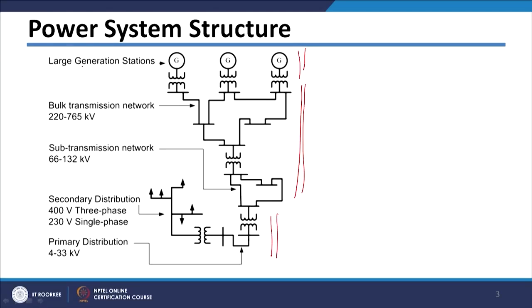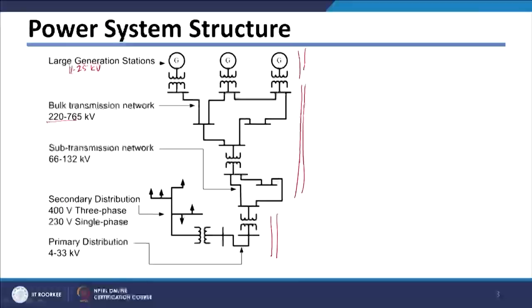The voltage level of generation is around 11 kV to 25 kV. These voltages of 11 to 25 kV will be stepped up to the transmission level, that is 220 kV to 765 kV, which are the voltages for the bulk transmission network.